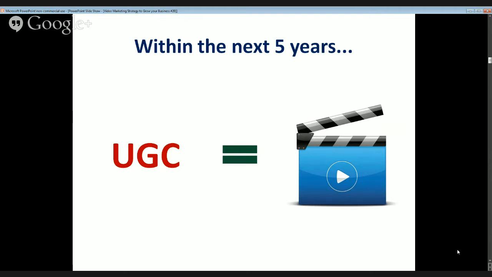So most of the internet will be video. Facebook have announced that in 5 years' time, most of Facebook will be video. So everything will be video. So when we talk about UGC, we'll be thinking about video. Although it encompasses everything, video will be the primary media for user-generated content. So I'm going to use it interchangeably today.